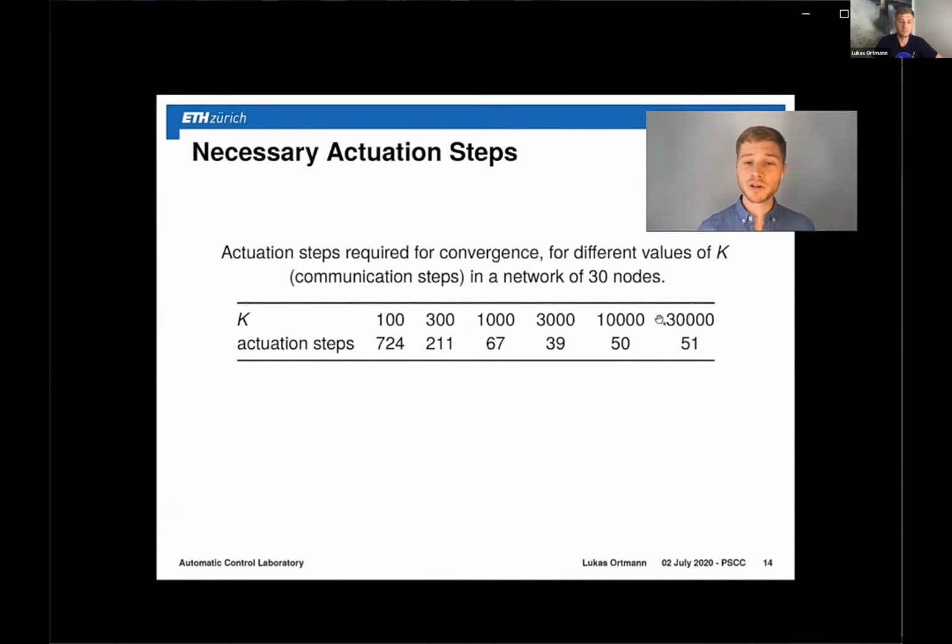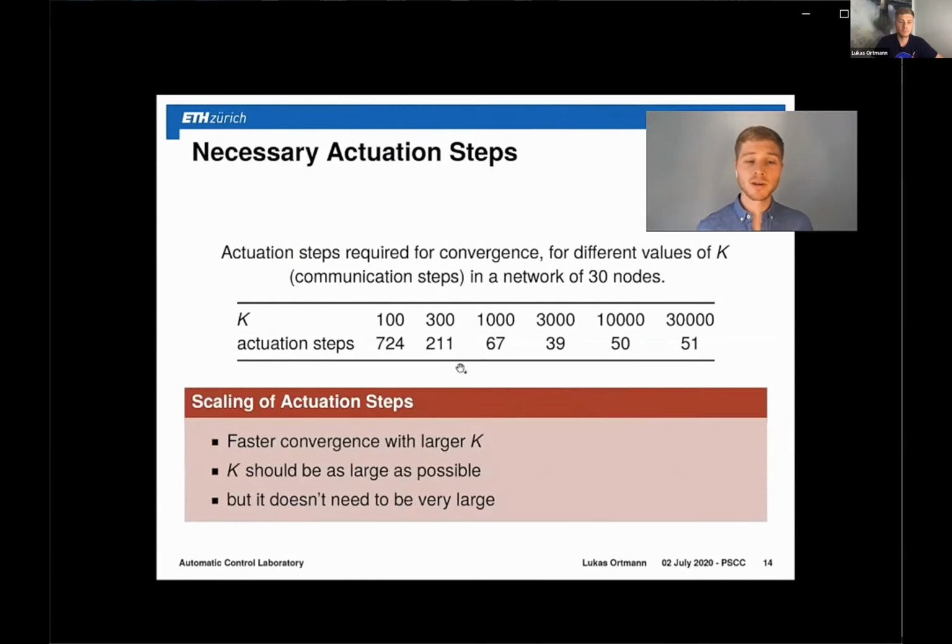If we are not doing that many, but only 1,000 or 300 q and mu updates back and forth, then the number of actuation steps until we converge rises, but it doesn't rise too much. And so we can conclude that we have faster convergence with larger k, and k should be as large as possible, but it doesn't need to be very large.